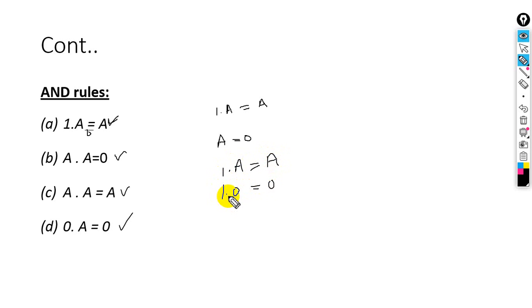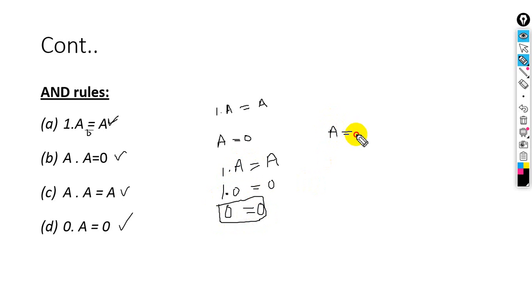So 1 dot 0, or 1 AND 0: in the AND operation, if any one value is 0, the whole value is 0. What was the answer here? 0 equals 0. So hence we proved that it is equal to 0. If the value of a is 0, the answer is 0. If the value of a is 1, the result is again 1. So for 1, let me check this.